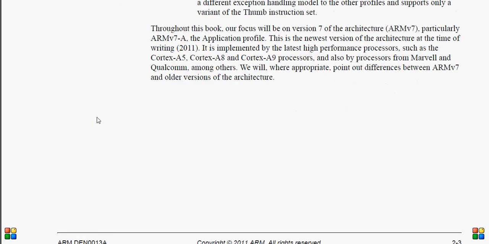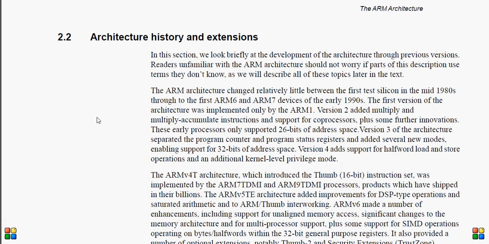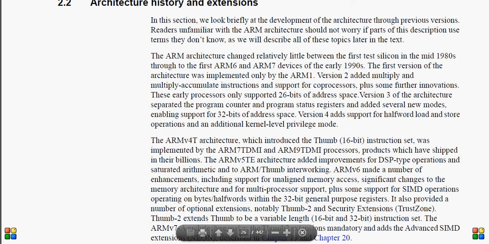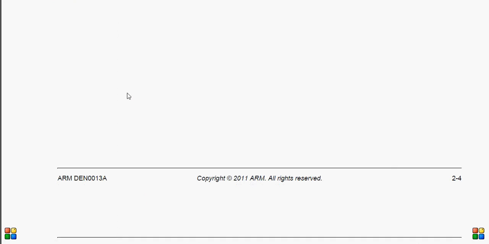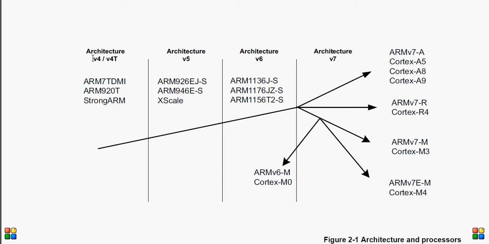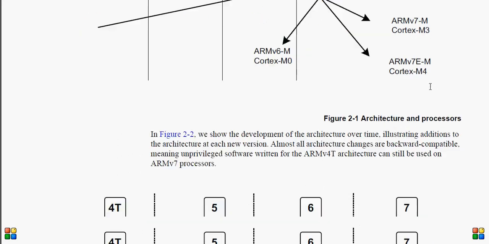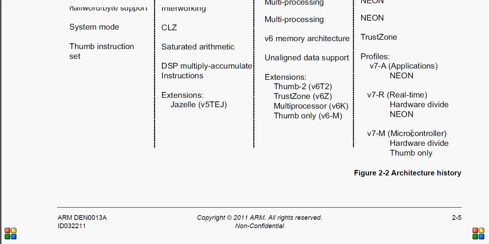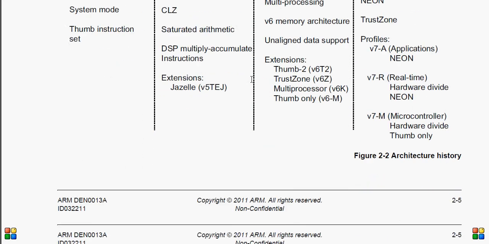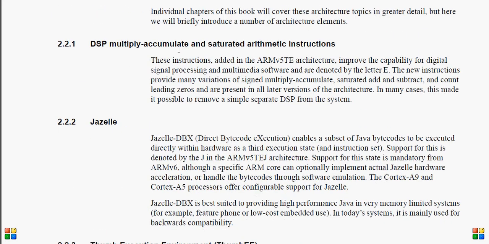Now come to the next topic, which is architecture history and extensions. Here we will discuss briefly the development of the architecture through previous versions. The various versions which ARM launched are version 4, version 5, version 6 and version 7, which includes Cortex A5, Cortex A8, Cortex A9 and lots more. Now come to the various architecture elements.